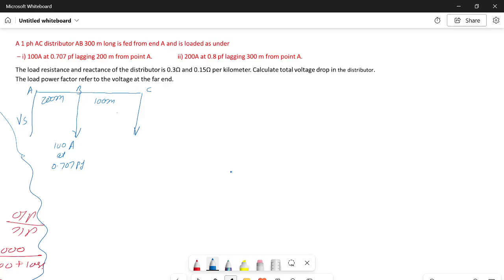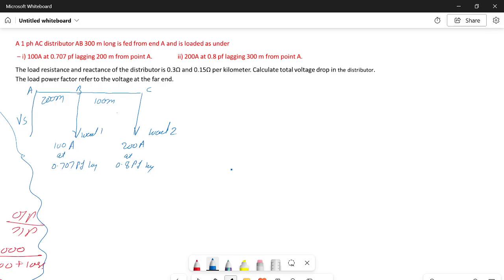So these are two loads. This is load 1 and this one is my load 2. Load 2 is 200 ampere at 0.8 power factor, lagging. This is also lagging power factor.